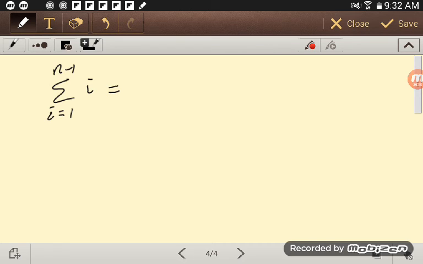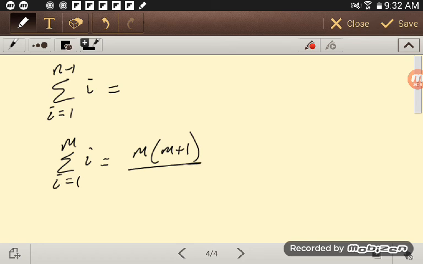Well, remember that if I said I want the sum i equals 1 to m of i, that would be m times m plus 1 over 2. But you see, in that formula it's an m, and here it's an n minus 1. I need to make that substitution.